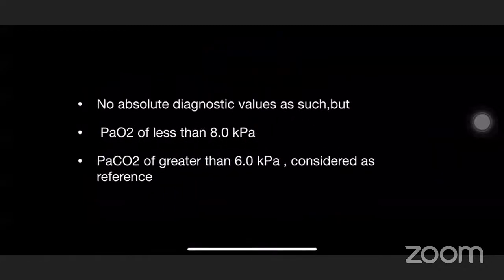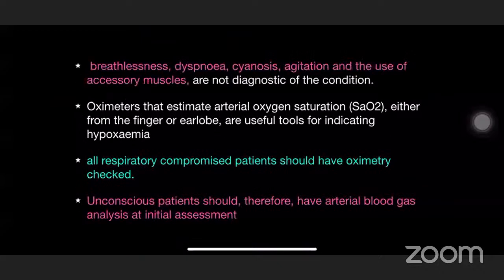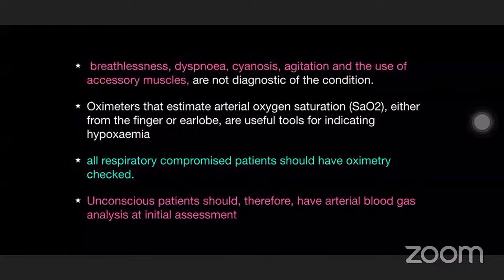There are no absolute diagnostic values as such for respiratory failure, but PaO2 of less than 8 kilopascal and PaCO2 of greater than 6 kilopascal is considered as the reference. The common clinical features seen in respiratory failure are breathlessness, dyspnea, cyanosis, agitation, and the use of accessory muscles.